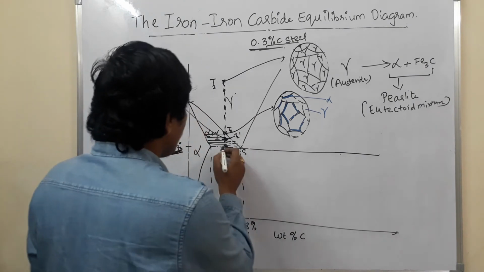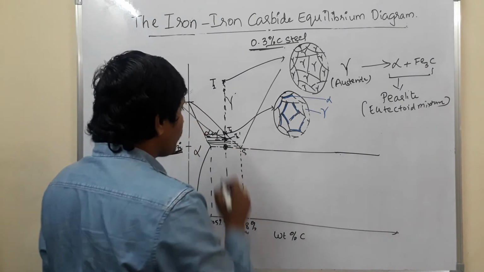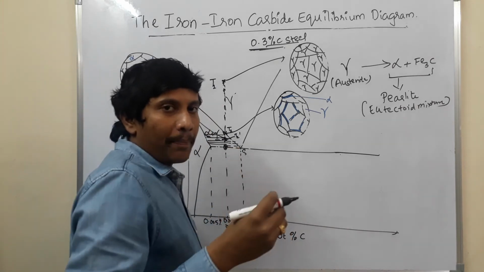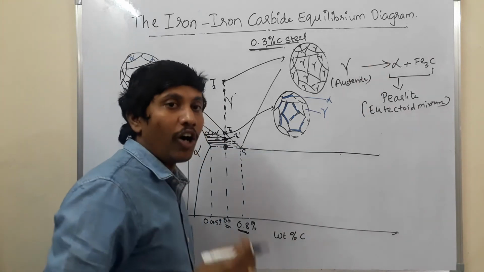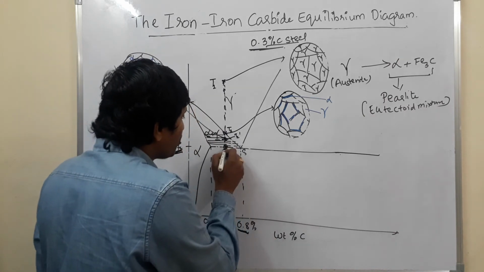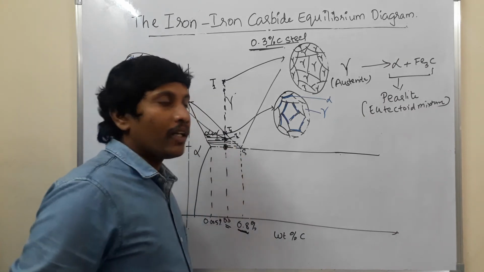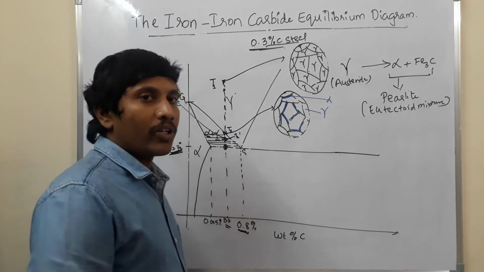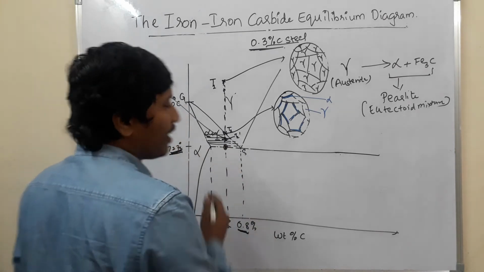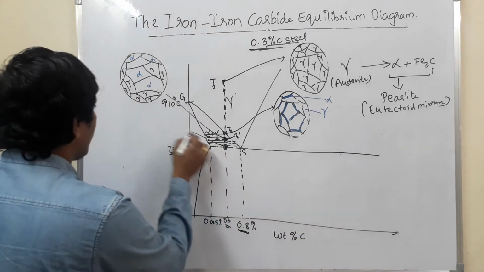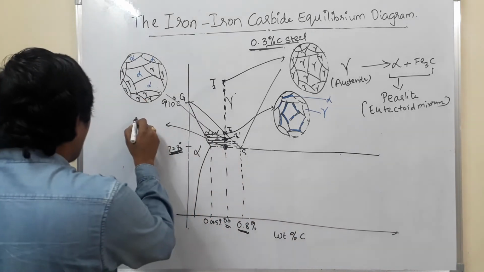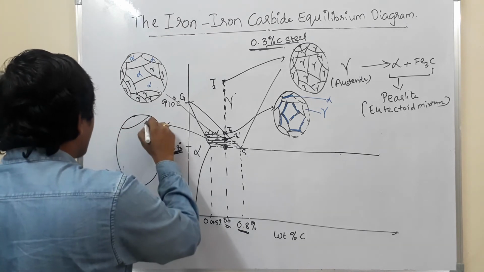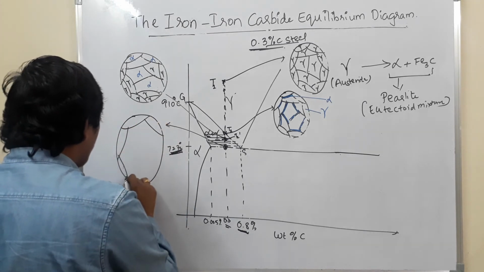So at this point, the austenite present converts to pearlite. How does the microstructure look at this point? It looks like pro-eutectoid ferrite plus pearlite. If I draw the microstructure, it consists of ferrite and pearlite.